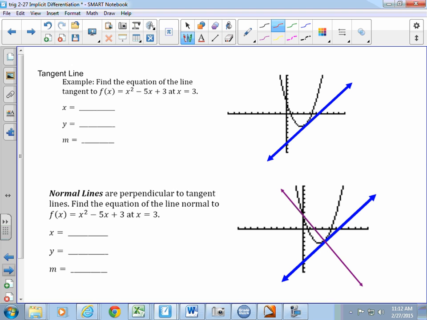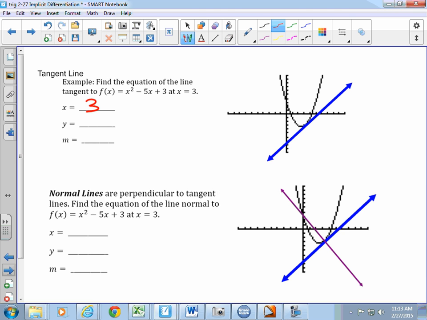Slope and an x and a y value. So I'm going to find those 3 things. On this problem, it says find the equation of the tangent line to f of x at x equals 3. So what's x? 3. Easy question.